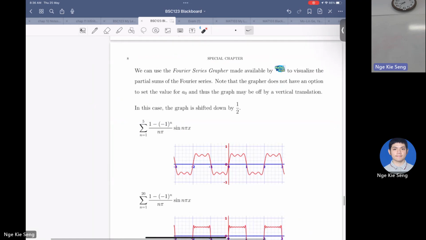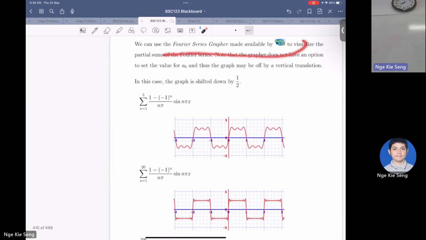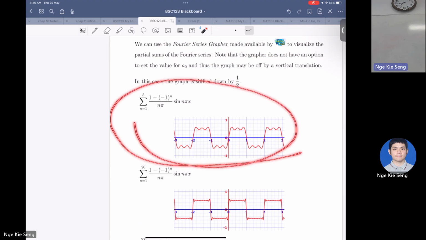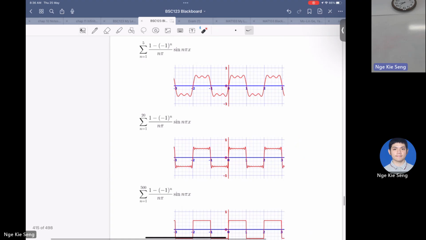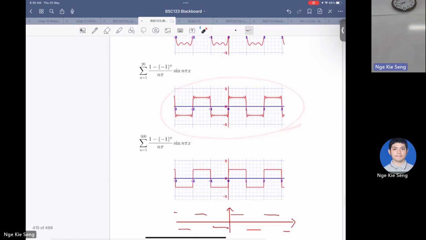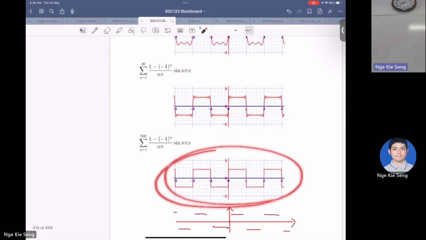If you like, you can use this grapher in future if you want to deal with Fourier series. You can plot the partial sum, and you can see that slowly it is converging to the square wave.